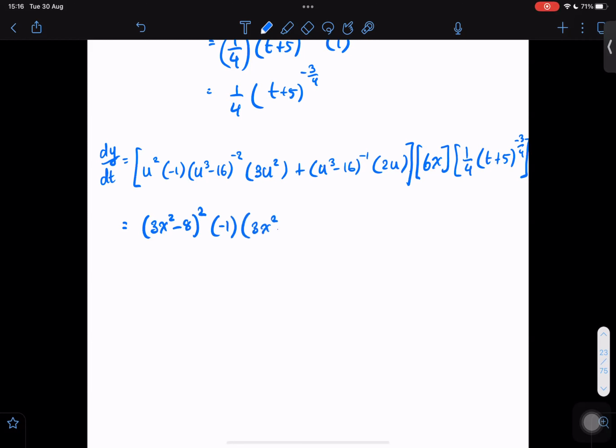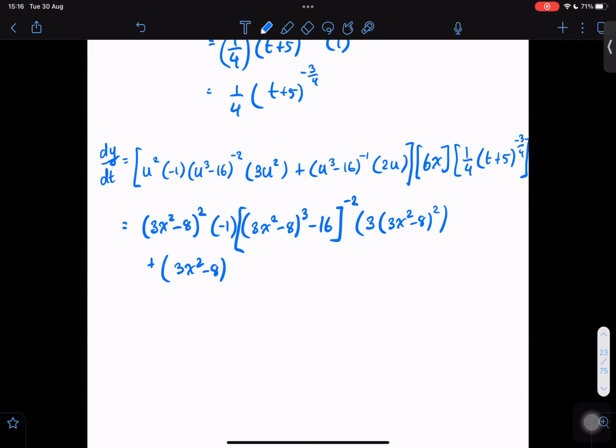So it becomes 3x squared minus 8 squared minus 1, 3x squared minus 8 cubed minus 16, and then 3 of 3x squared minus 8 squared, plus 3x squared minus 8 cubed minus 16 to the minus 1, and then 2 of 3x squared minus 8.